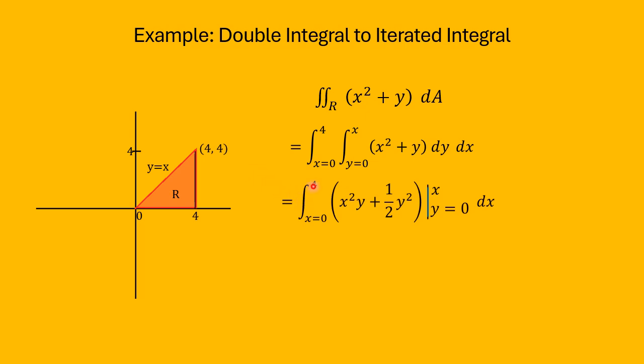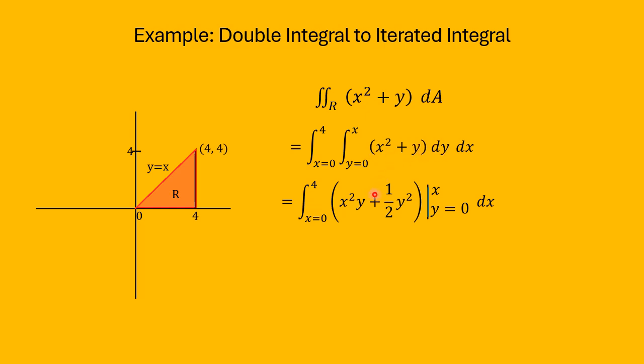So we have the integral on the outside, x goes from 0 to 4. Now, using the fundamental theorem of calculus for this integral with respect to y, if we anti-differentiate x squared with respect to y, that's just x squared y. The integral of a constant with respect to y is just that constant times y, and x squared here is playing the role of a constant factor. The antiderivative of y dy is 1/2 y squared.